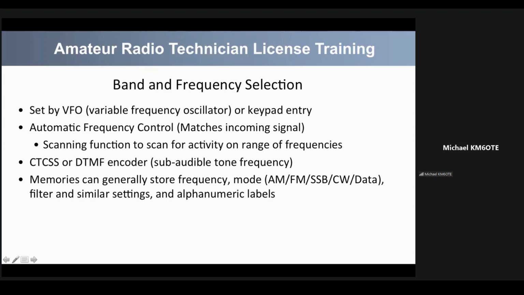All these radios, whether it's a handheld or a base station or a mobile station, have memories for all of the bands that it will use, and even have alphanumeric labels so that you can label, for example, the Kaido repeater or the Laughlin repeater, and it'll have the offsets and the frequencies and everything all stored in memory.